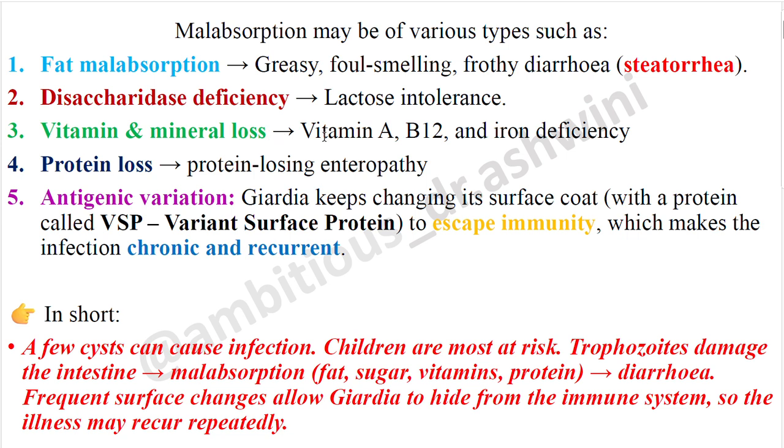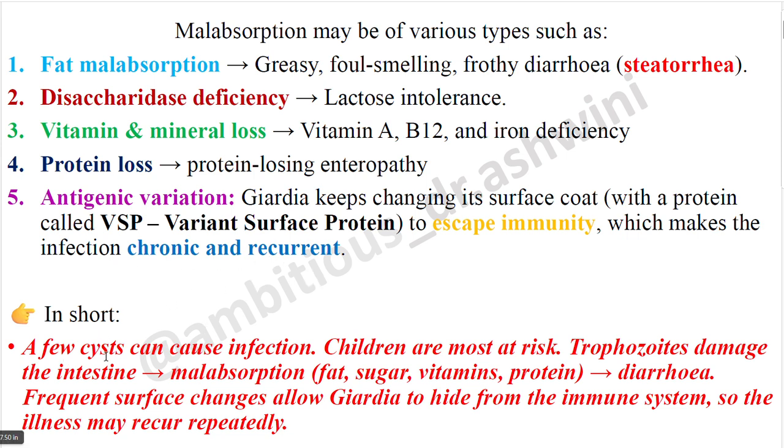Then vitamin and mineral loss, that is vitamin A, B12, and iron deficiency. Then protein loss, that is protein losing enteropathy. Then antigenic variation, that is Giardia keeps changing its surface coats with a protein called VSP, that is variant surface protein, to escape the immunity, which makes the infection chronic and recurrent.